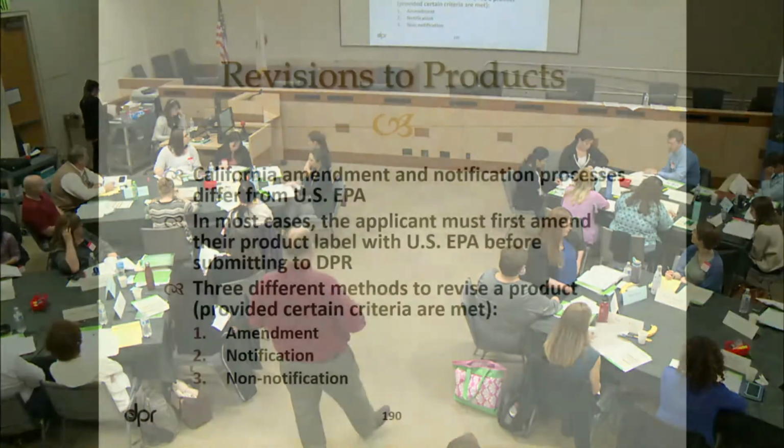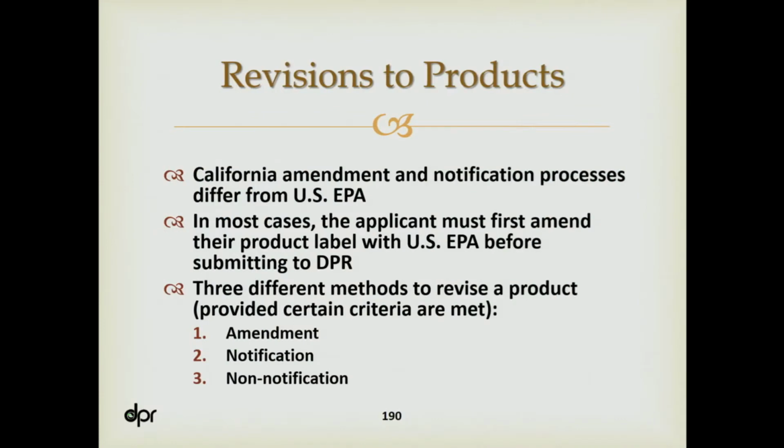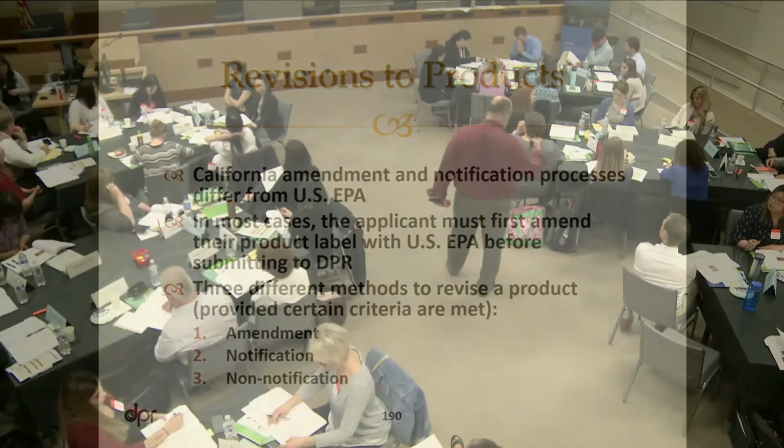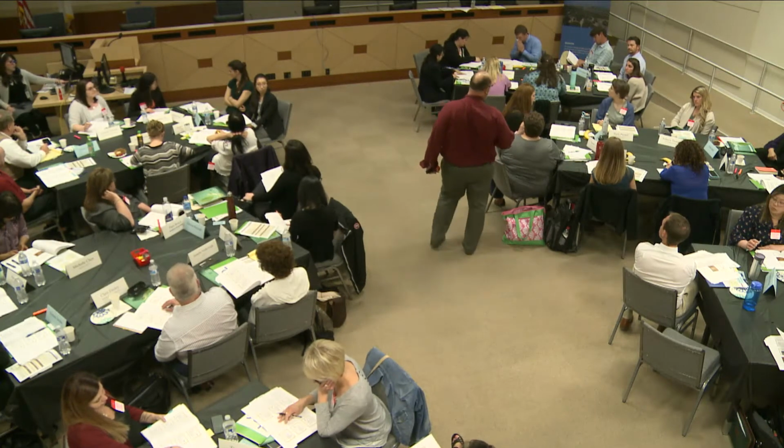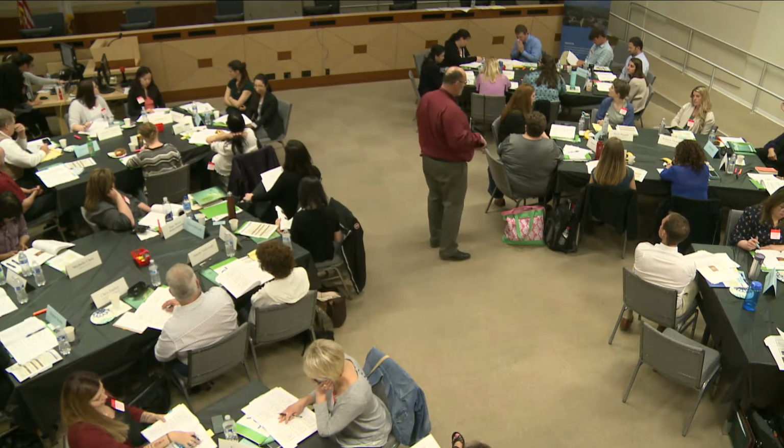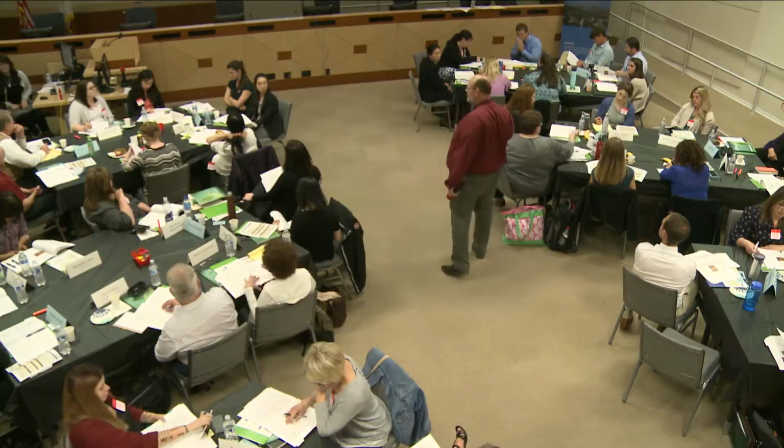So, revisions to products: the California amendment and notification processes differ from the US EPA. While they also have a notification process and a label amendment process, it's different. In most cases, you're going to need to send your change of some type to the US EPA first before it comes into California. Sometimes companies get confused about that.